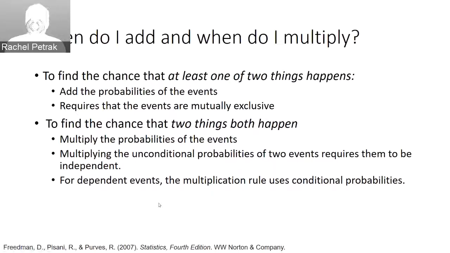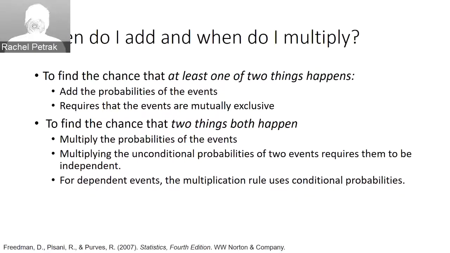So when do you know to add and when to multiply? Well, you need to consider what sort of chance you're trying to find. So to find the chance that at least one of two things happens, you can add the probability of the events, and this does require that the events are mutually exclusive.